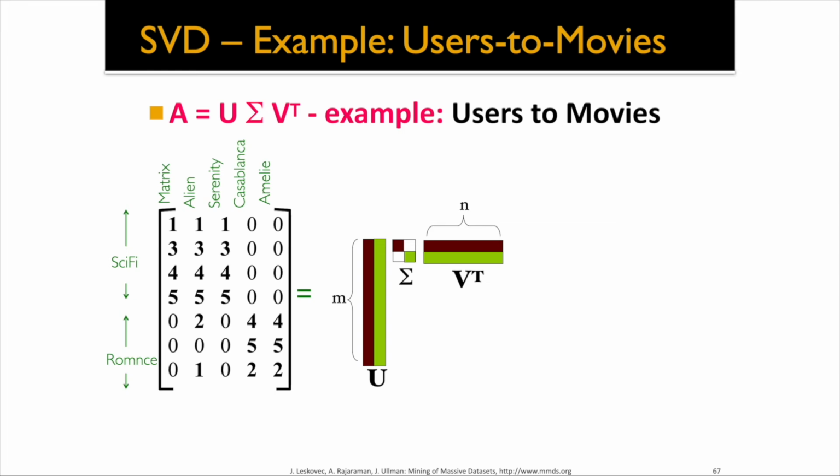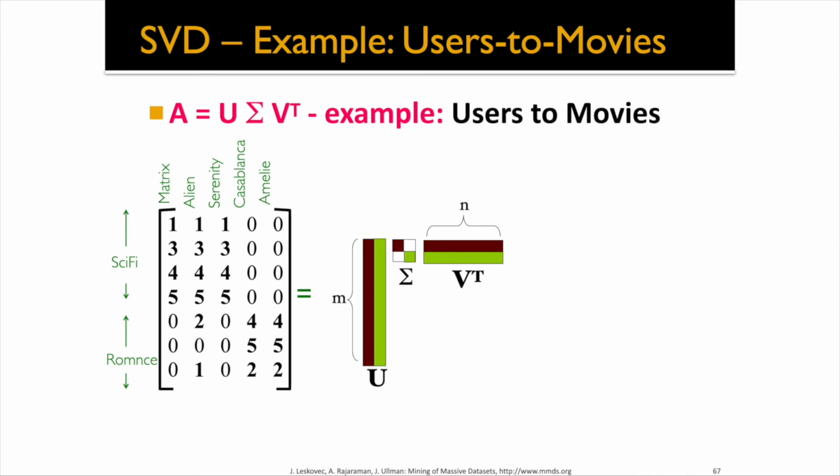And we can ground this interpretation in an example when we talk about users to movies. Say this matrix A has rows for users and columns for movies, and cells represent ratings, or how much I liked a particular movie, or how many times I've watched a particular movie. You can replace this with any other sort of representation you want.